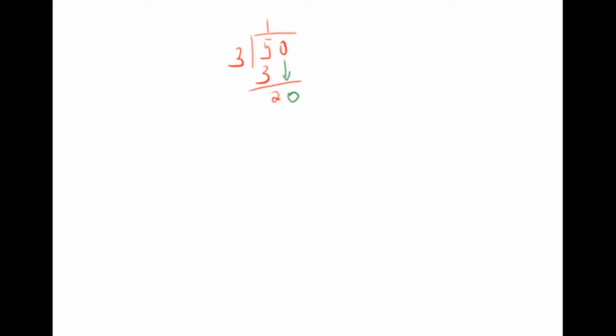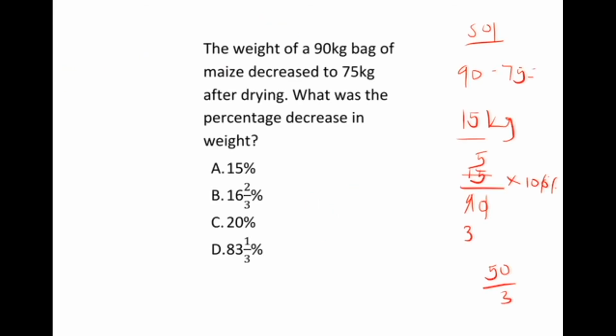We find that it is 3 times 6. It will give us 18. 20 minus 18, we get 2. Therefore, we have 16 and 2 over 3%. Therefore, our correct choice is B, which is 16 and 2 over 3%. That was the percentage decrease.